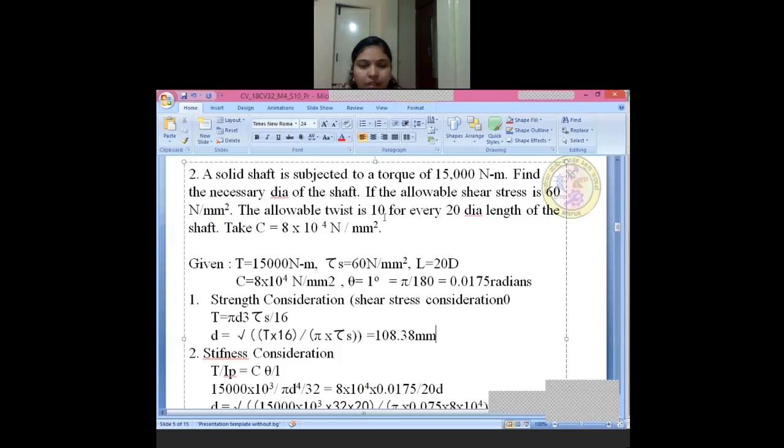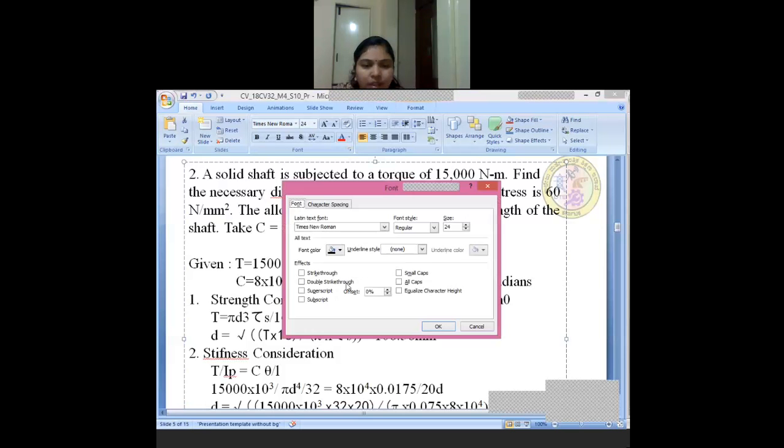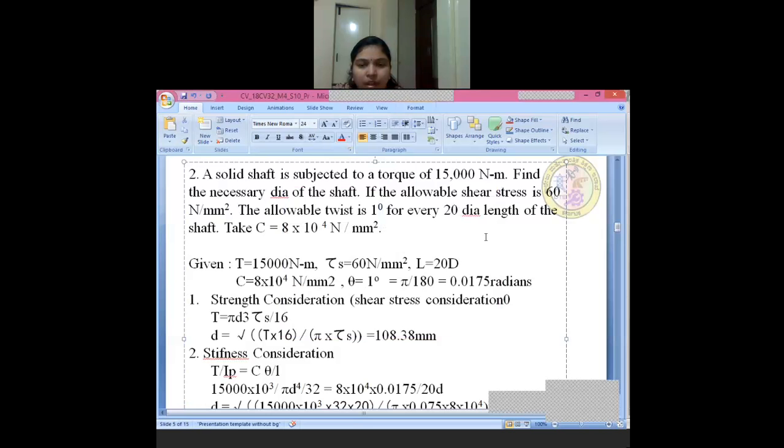The allowable twist is 1 degree, and the length is 20 times the diameter of the shaft. Then C is given, and theta is given in degrees. We must convert it into radians by multiplying by pi by 180, giving 0.01745 radians.